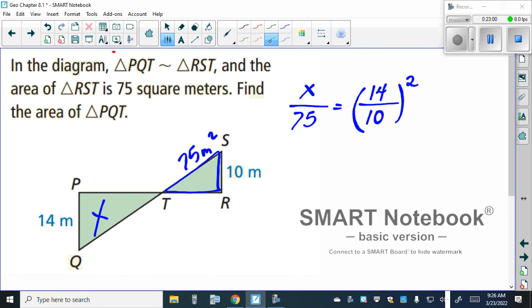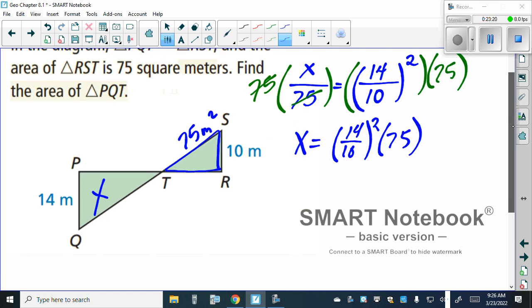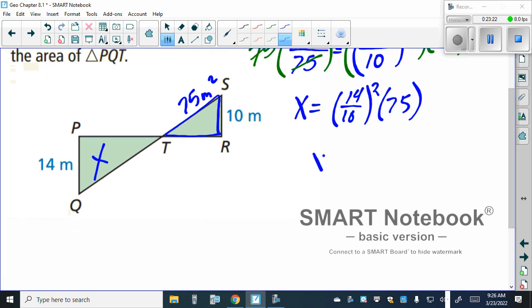What do we do next? All right, we can multiply both sides by 75, as these here would cancel, telling us that x is equal to 14 over 10 squared times 75 meters squared.